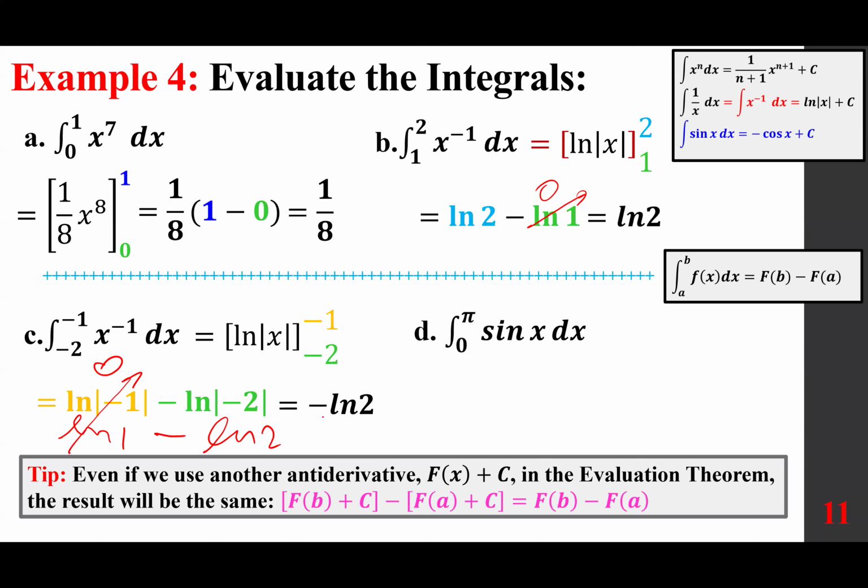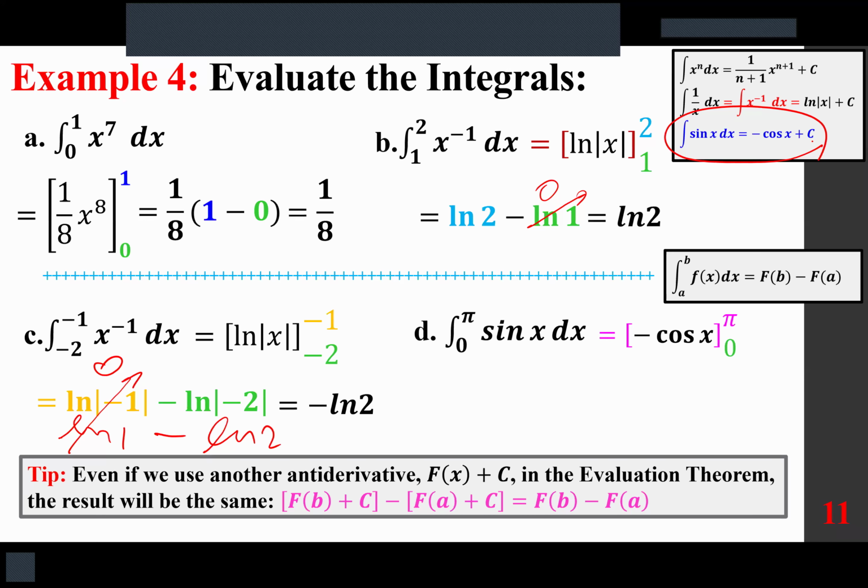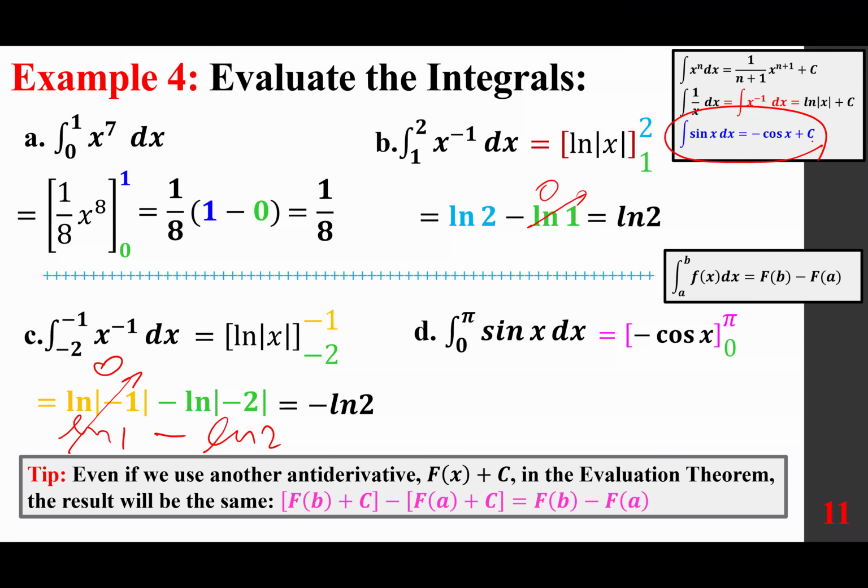The integral from 0 to pi of sine x dx. As you know, the derivative of sine is cosine, but the integral is negative cosine. So minus cosine x from 0 to pi. To evaluate this, I'm going to take the negative sign out and write down cosine pi minus cosine 0.